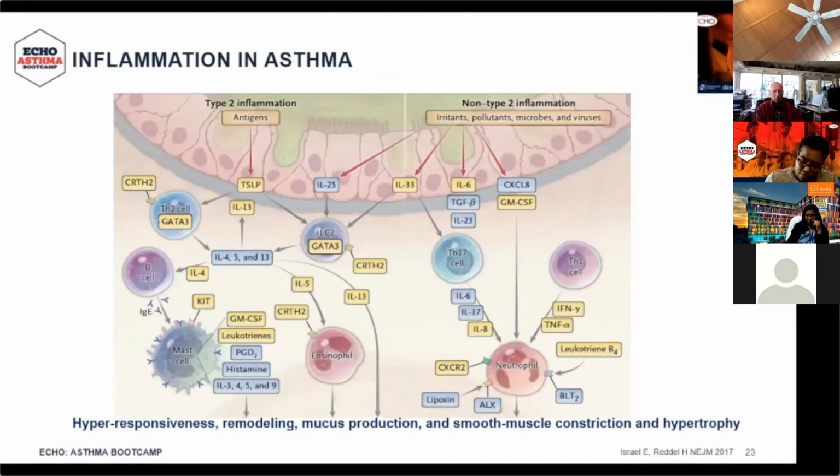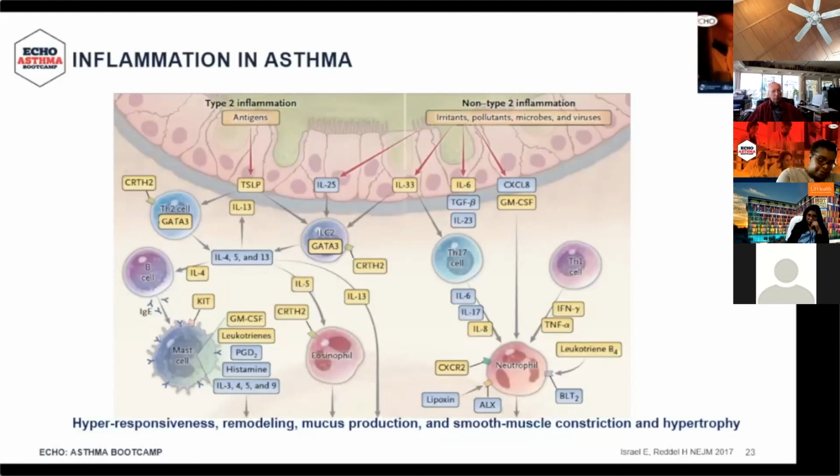IL-5 is extremely important for eosinophil stimulation and sustenance. And a lot of the inflammation we see in type 2 inflammatory asthma is associated with this eosinophilic inflammation. On the right side of the screen is non-type 2 inflammation. This often gets triggered by exposures to irritants, pollutants, microbes such as bacteria or viruses that create a series of downstream cascades that trigger the Th17 and the Th1 cells to produce additional molecules.